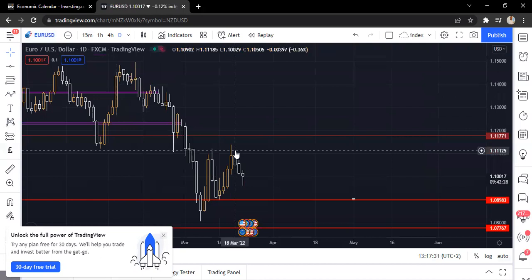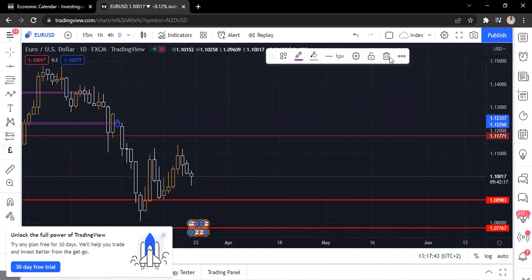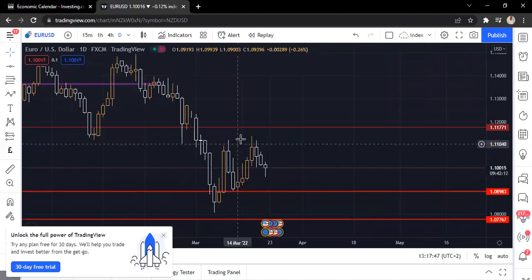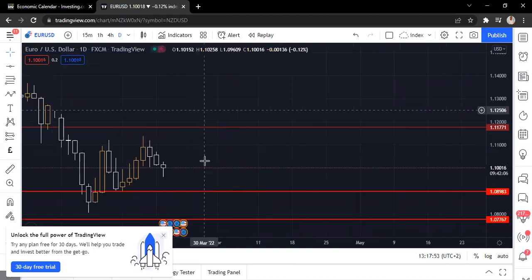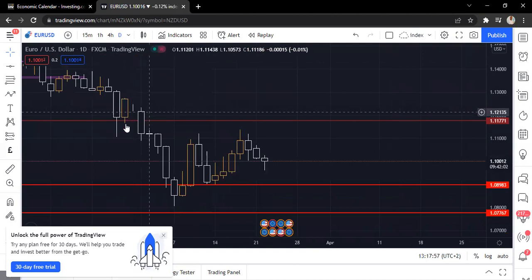Okay, cool. So EUR USD is looking promising. It is actually promising. Okay, there's something I'm not seeing correctly here. I think this should have been a candlestick.